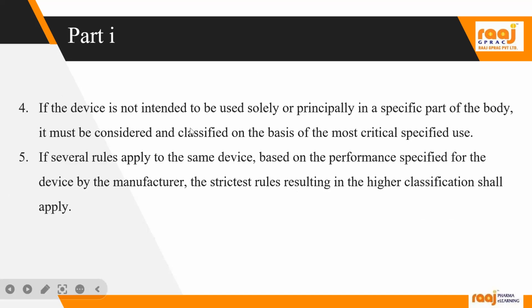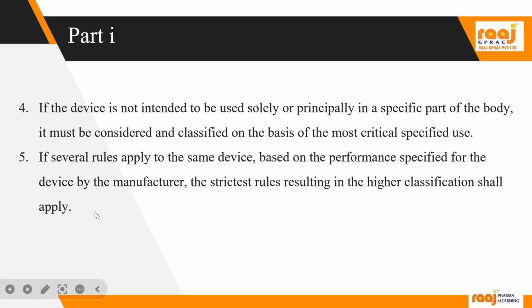And if the device is not intended to be used solely or principally in a specific part of the body, it must be considered and classified on the basis of the most critical specified use. And if several rules apply to the same device based on the performance specified for the device by the manufacturer, the strictest rule resulting in the higher classification shall apply.